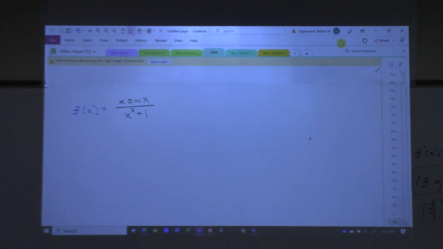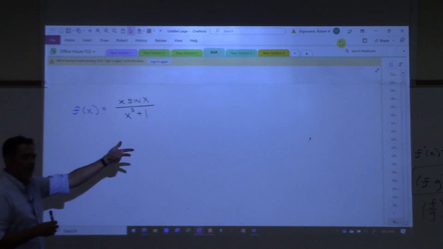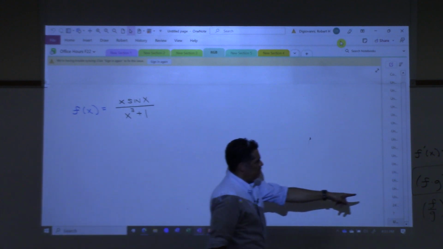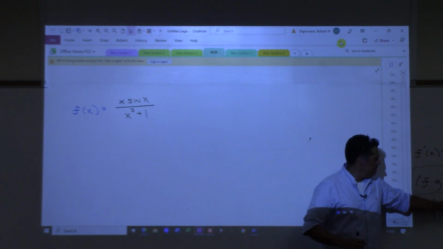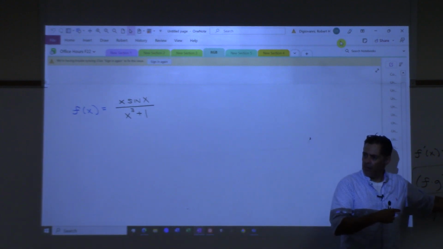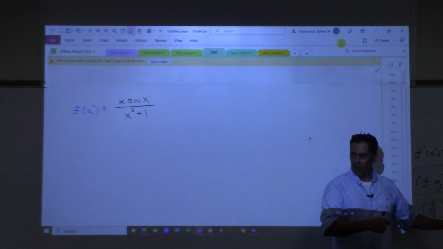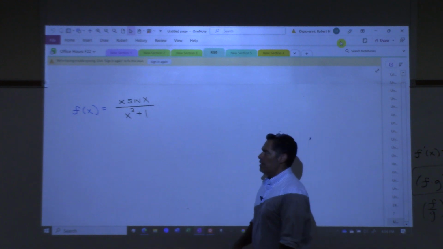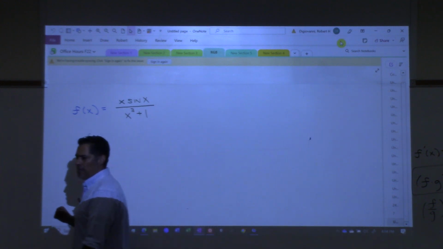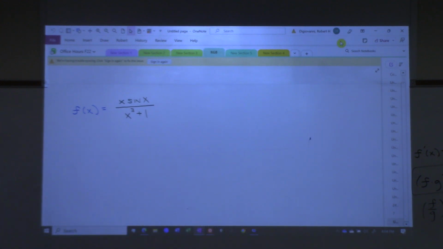Because when you look at it, ultimately, do you all see you have a quotient? So you're going to have to do the quotient rule, which is the derivative of the top times the bottom, minus the derivative of the bottom times the top, all over the bottom squared. That's what we're going to do. But when we do the derivative of the top, what do we see the top is? It's multiplication.